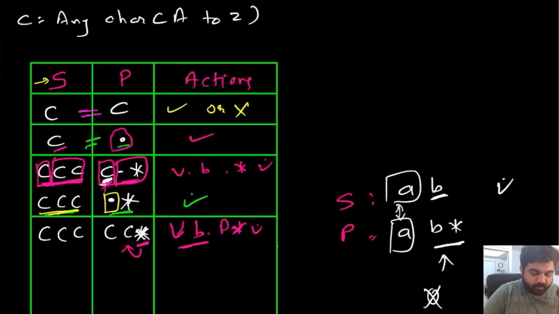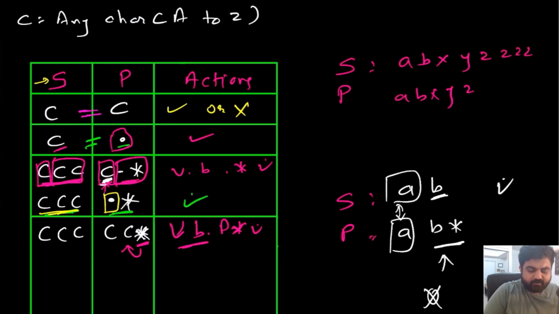There could be another possibility. We could be given a string and a P with a bunch of different values like A, B, X, Y, Z, A, B, X, Y, Z. So far everything is a match over here. And then over here we are given something like 2, 3, 4, 5 Z's, right? And over here we are given just a star value. In this case, how would you define whether this is a match or not? Well, definitely this is a match.